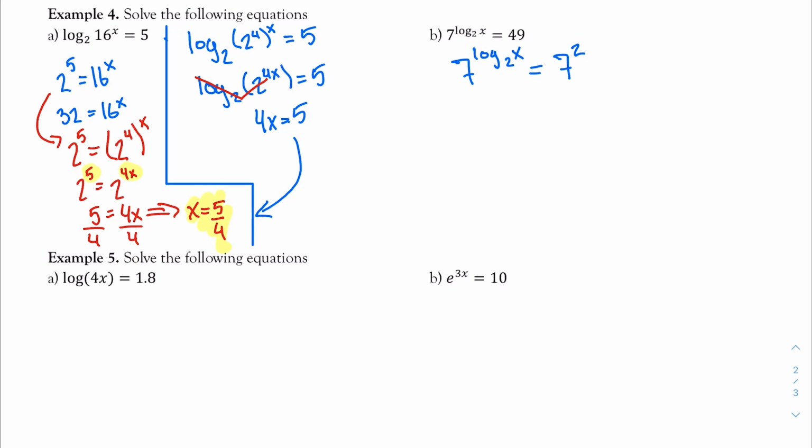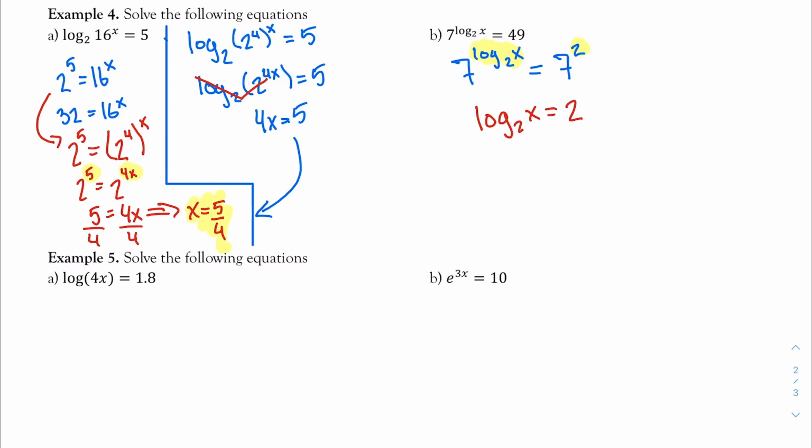In other words, I could match my bases. If I match my bases, that means I can set my powers equal to each other, giving me log base 2 of x is equal to 2. And now I've got to figure out, how do I go from here? Well, since I have a log equation, I can go ahead and convert this to exponential form.